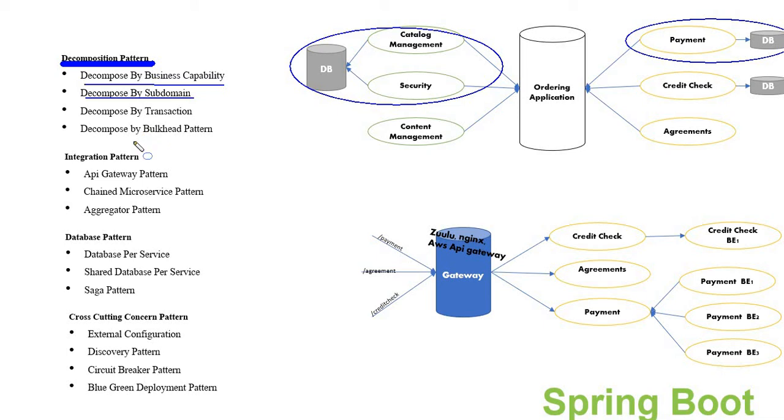The bulkhead pattern is actually a separate topic. Let's say in a server I have a pool of 10 connections, where the server can serve up to 10 requests.